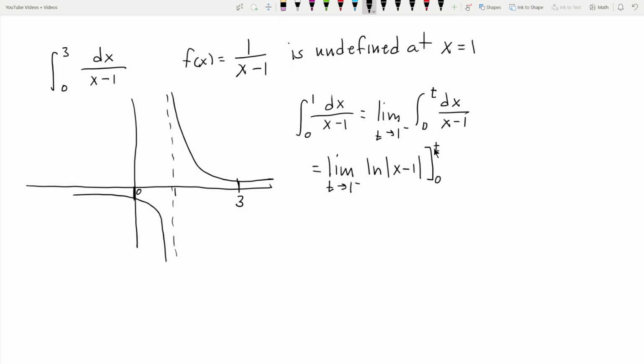So if I put in t, I have ln of the absolute value of t minus 1, minus ln of the absolute value of, put in 0, I get minus 1.